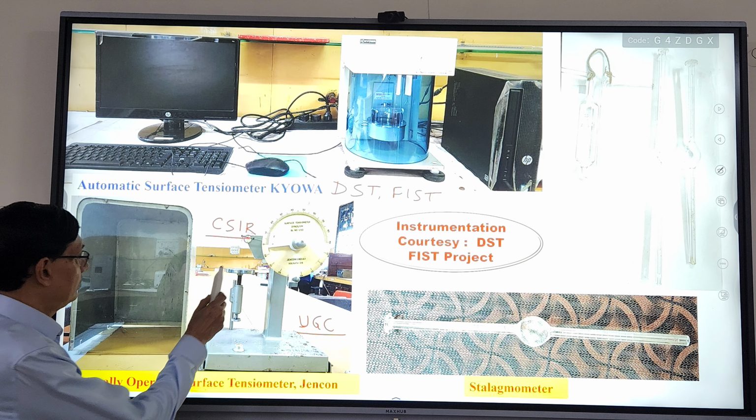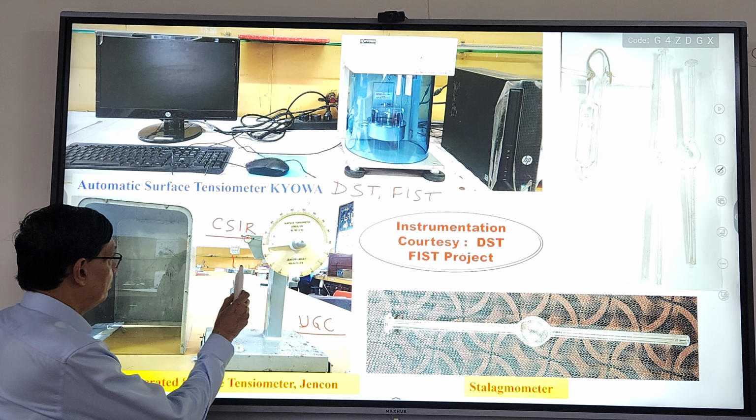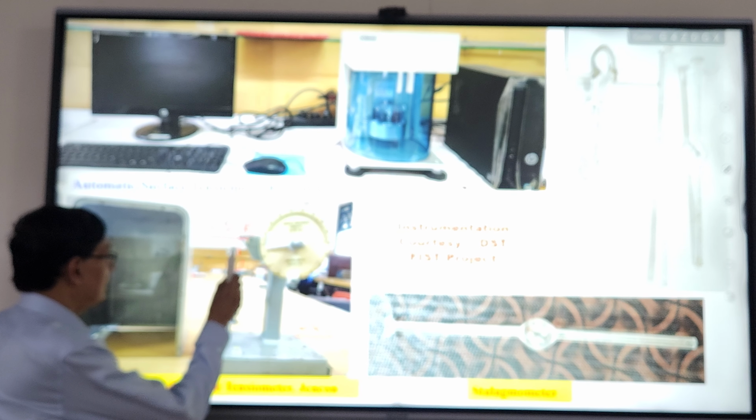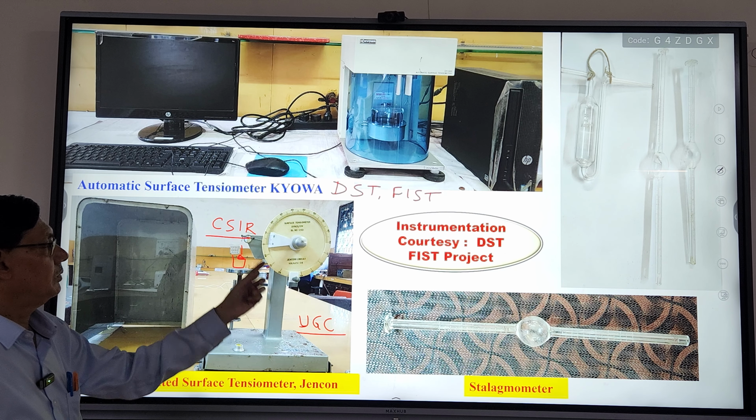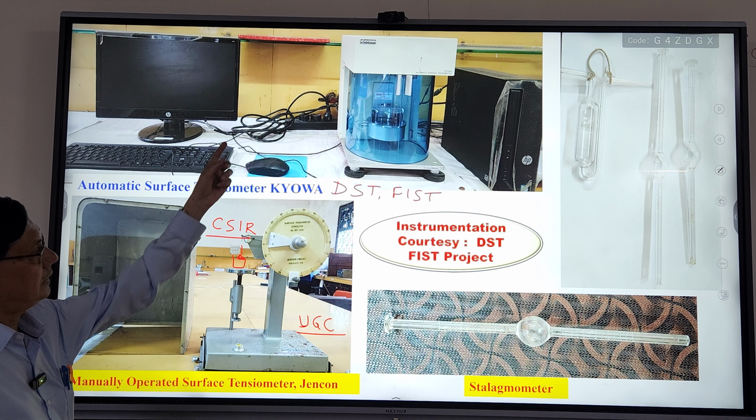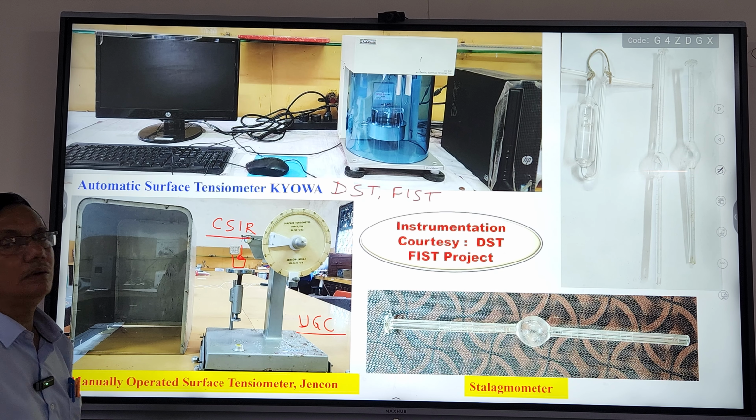So here we can take that beaker and the ring is there, and you can measure. Now you see the difference: that is the old model. The unit there is dyne per centimeter, but here we take the Newton per meter SI unit.